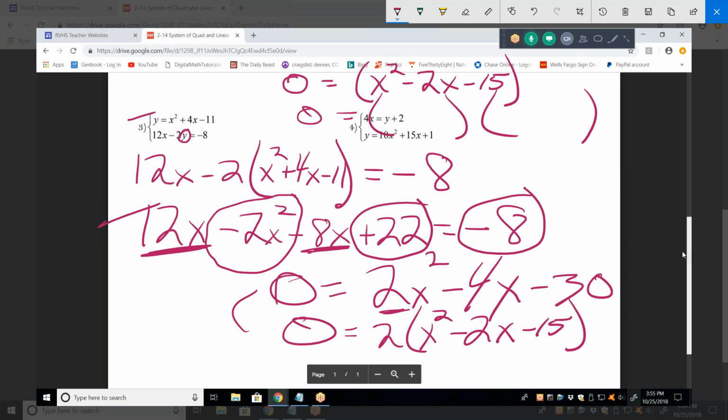So how do you factor that? What does x squared minus 2x minus 15 factor into? X minus 2. No. I don't want you to do it that way. What you're trying to do is figure out one term and then figure out another term.